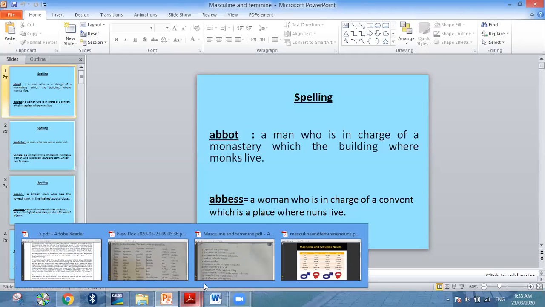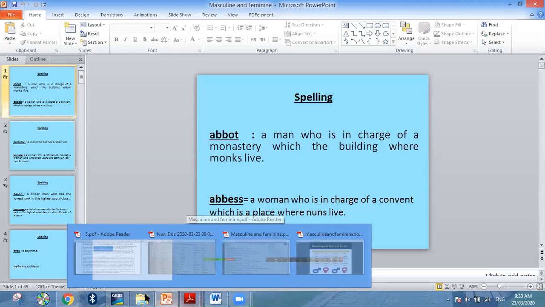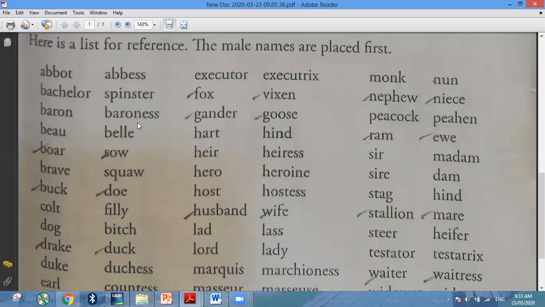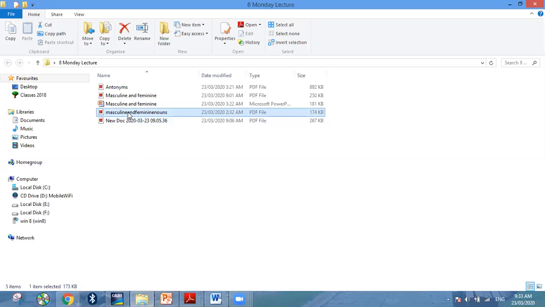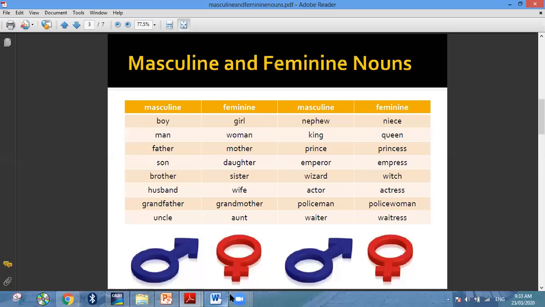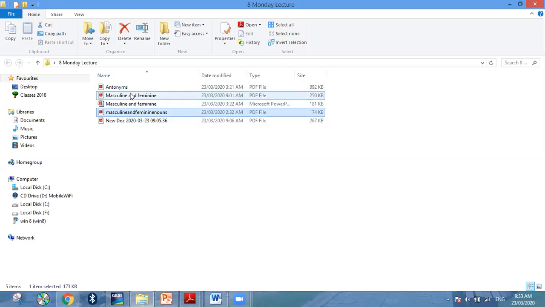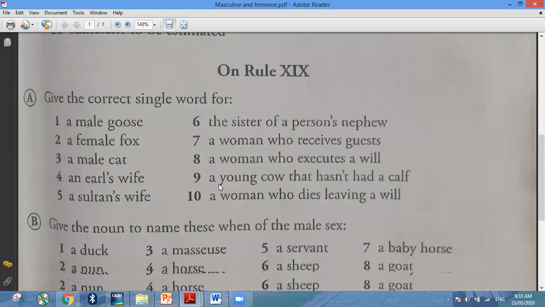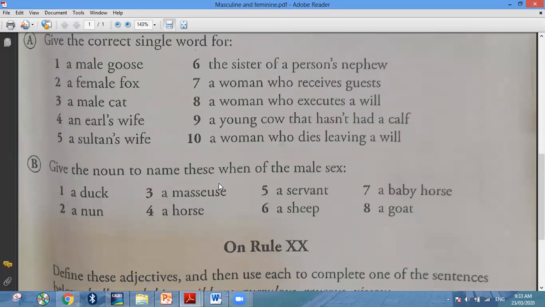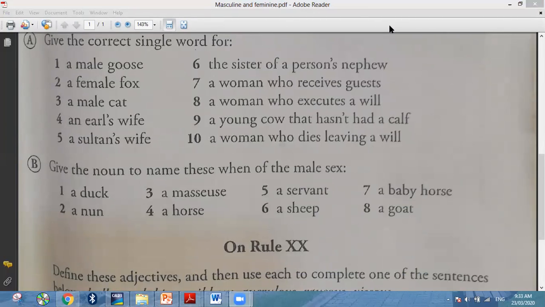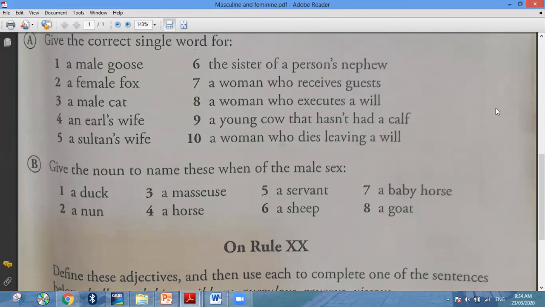Now, open your book on page 27. Open your book, page 27, and let's answer this exercise.